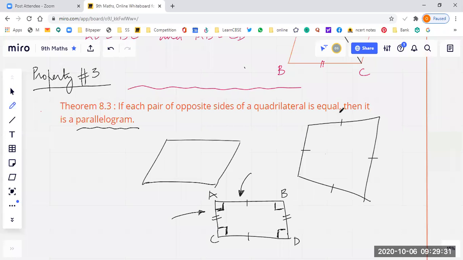It only says if each pair of opposite sides of a quadrilateral is equal. Only that it's saying. It's not talking about interior angles. That's why we can't say it's a square or rectangle, but we can definitely say it's a parallelogram.